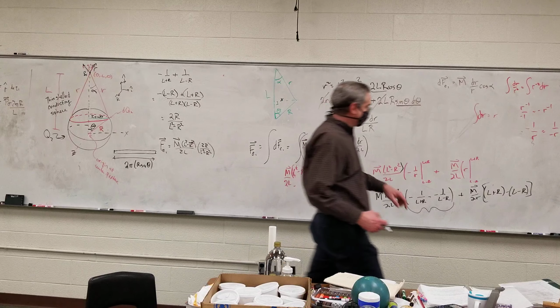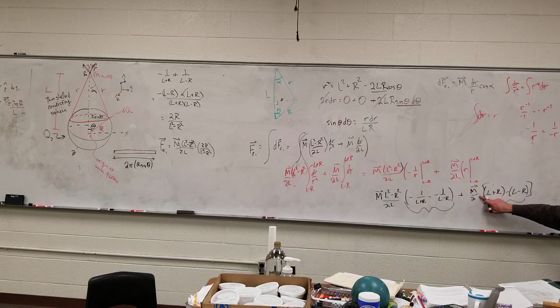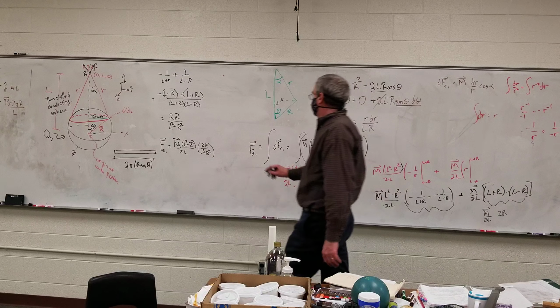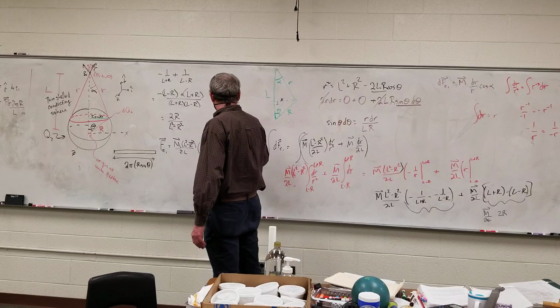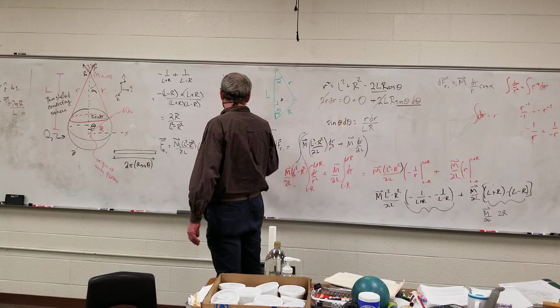And our term over here, L cancels out, R does not. That second time we made that mistake, that should be an L right there. And we end up with M over 2L times 2 big R, plus M over 2L times 2 big R.